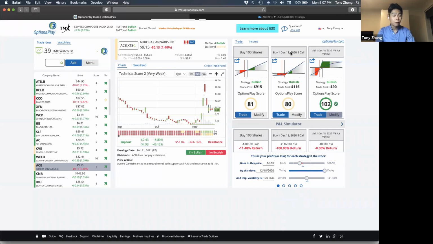Meaning, if you hold this all the way through expiration and the stock lands in between the two strike prices, and you're thinking to yourself, I don't need to exercise my long put, but maybe something happens over the weekend and the stock opens up next week at $5, and the person who's long the $9 put chooses to exercise it, but you didn't choose to exercise your $7 put, then you could potentially be at a much larger loss. To avoid that, it's very easy. Just don't hold these to expiration. Always close them 2 to 3 weeks out from expiration, and you will never, ever find yourself in that position.